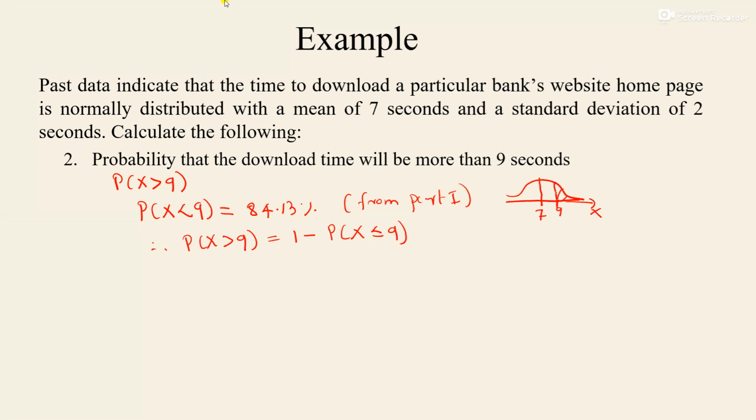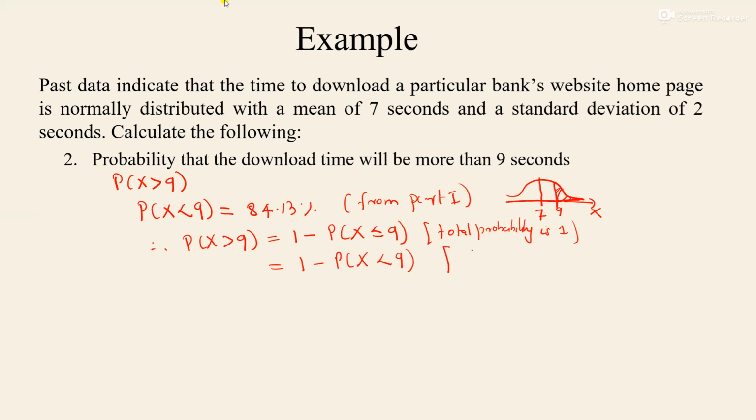So X greater than 9 we can write as 1 minus the probability of X less than or equal to 9.